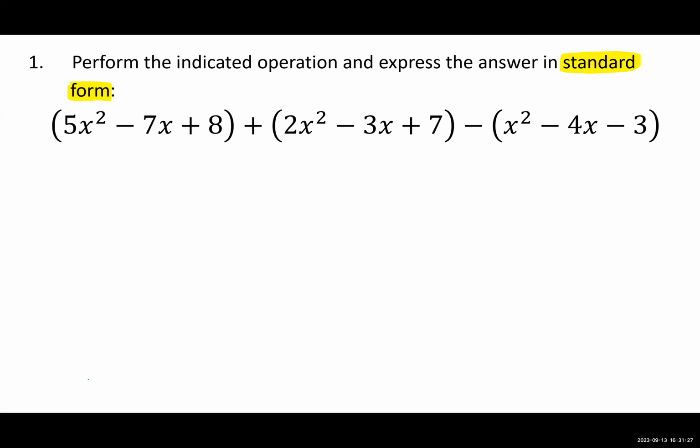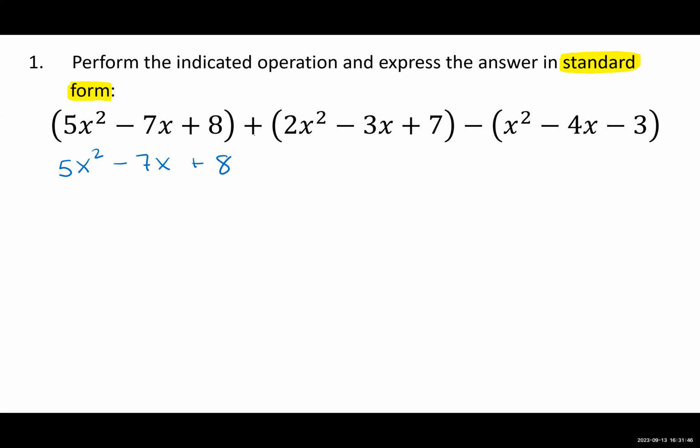So when we look at this, the first thing I want to do is eliminate the parentheses. So we've got in this first set 5x squared minus 7x plus 8, right?